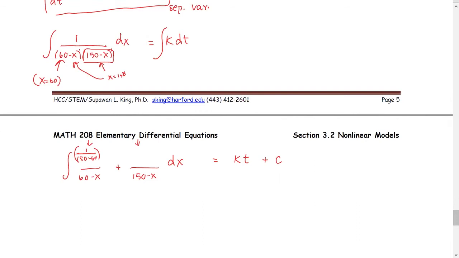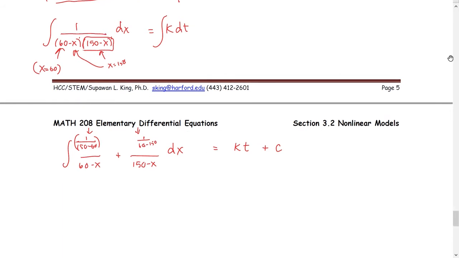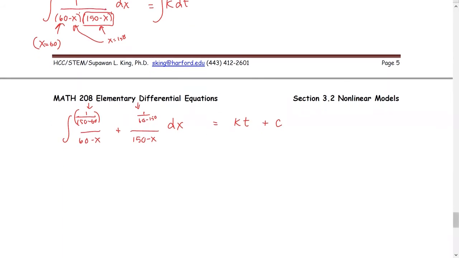So the numerator of the second fraction will be 1 divided by 60 minus 150. Okay. And then when we clean up, we're going to get this number as 1 over 90, and this one as negative 1 over 90.